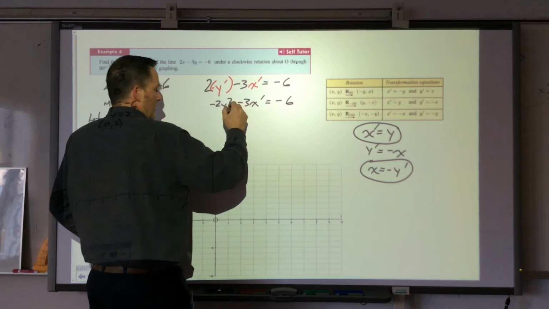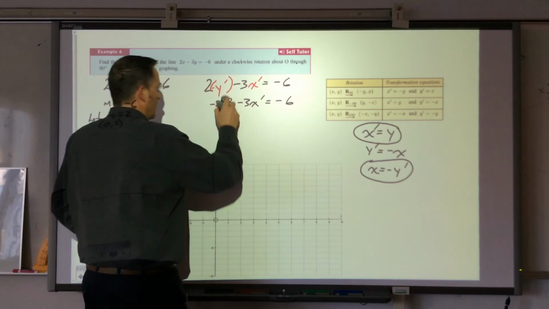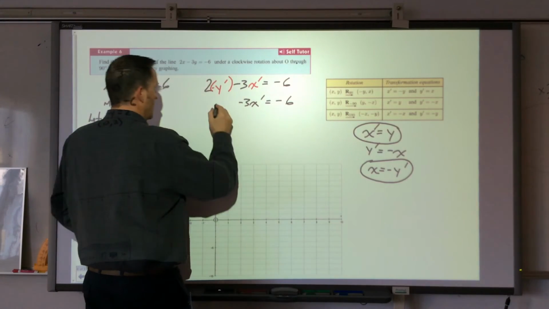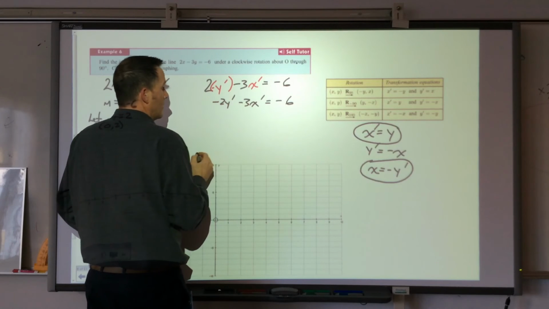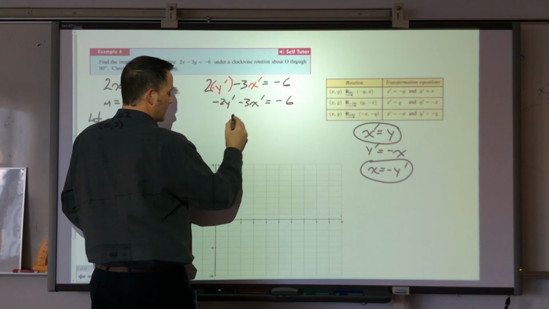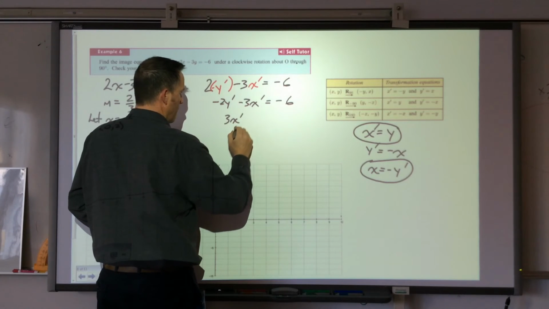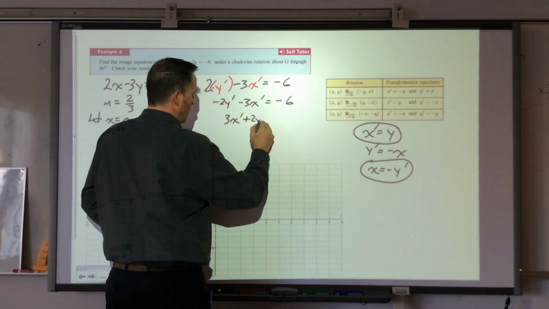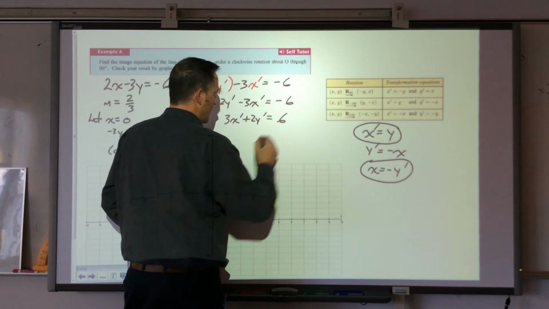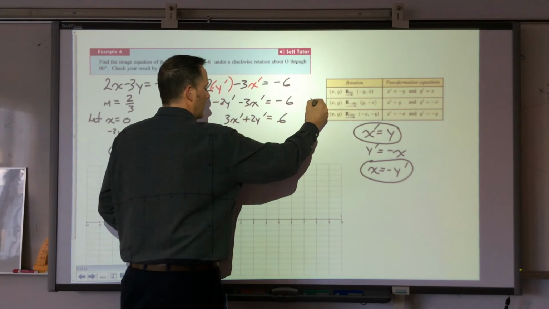Switch things, where am I getting? I'm losing my mind, folks. Negative 2y prime. Can't have the negative on the x, so this is going to be a little rearranging, gets me 3x prime plus 2y prime equals positive 6. Everything got multiplied by negative 1.